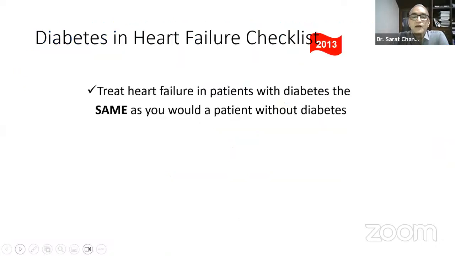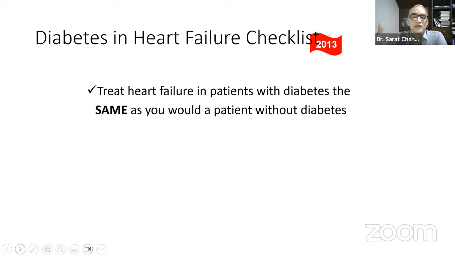All right. So how do you treat these patients? What is the checklist? When you have a patient with heart failure who also has diabetes, the treatment of heart failure is the same as in a patient without diabetes. For example, ARNI therapy has been shown to be equally effective among diabetic patients.